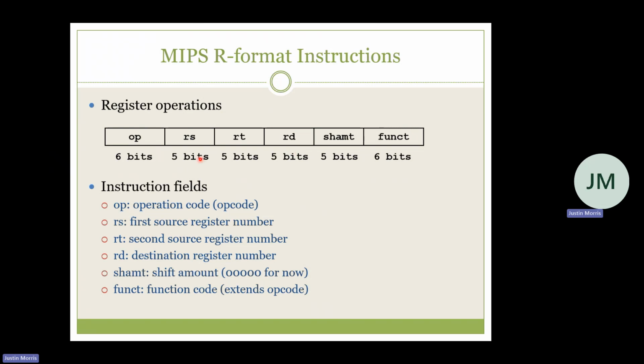Just as I mentioned before, in the instruction format, RS comes first, but in the assembly code, the destination comes first. So RD is our destination.